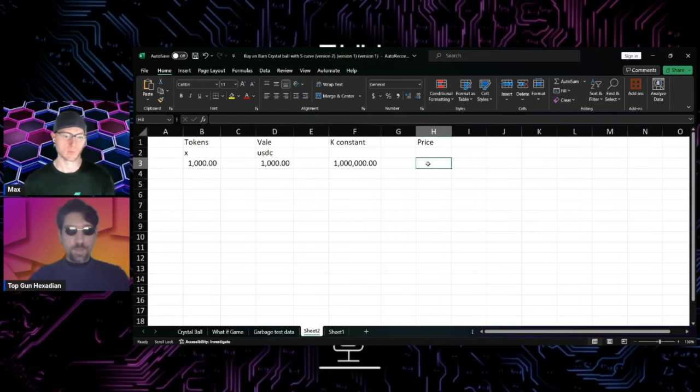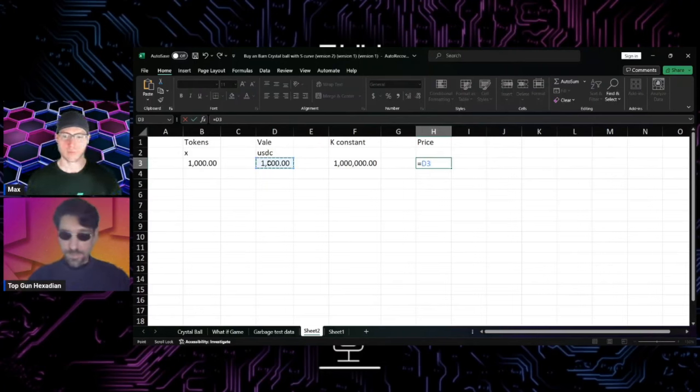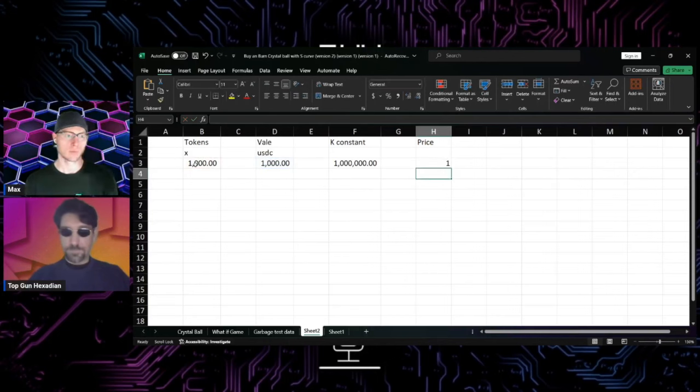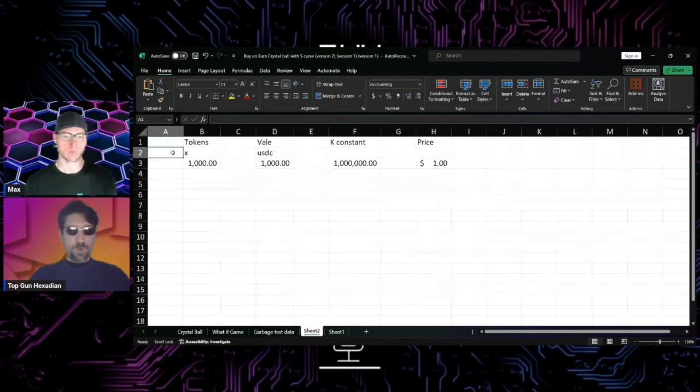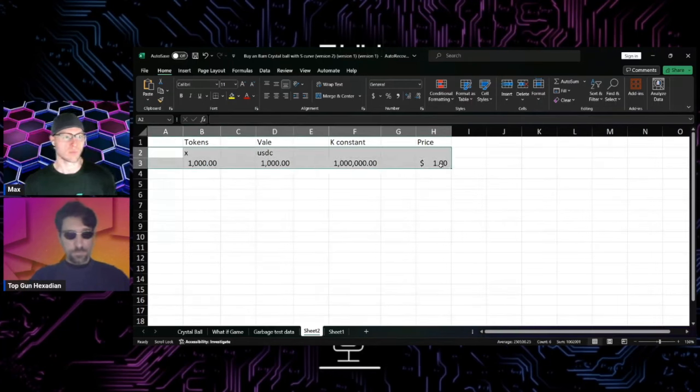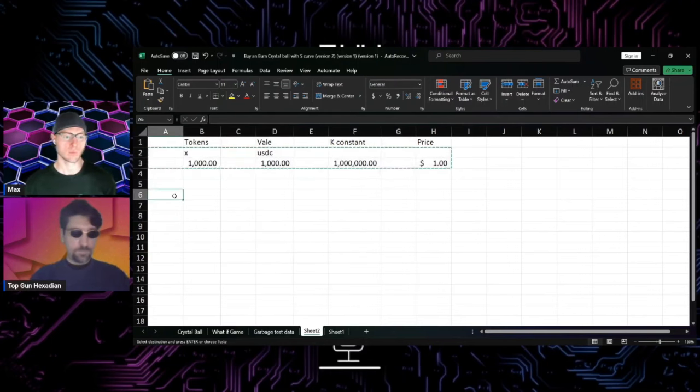And now when it comes down to price, the price will basically equal the number of value, or USDC in this case, divided by our tokens. So in this case, $1, since the pools are balanced so nicely. So we'll copy this now. All right.